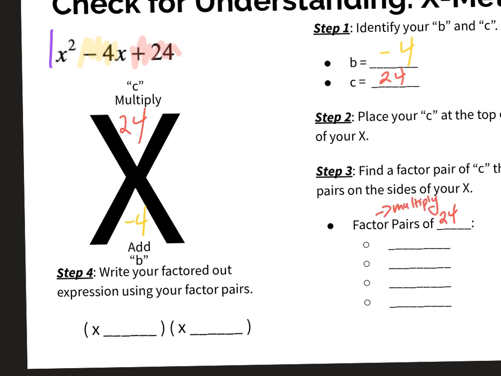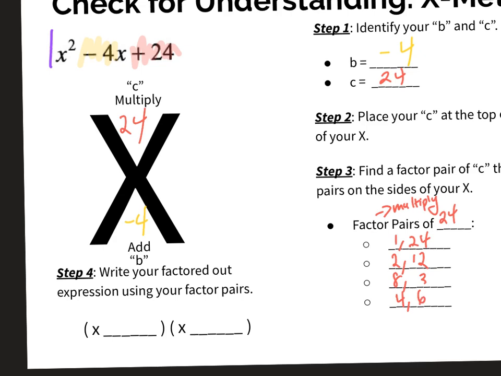So when I think about my factor pairs of 24, I can think of maybe 1 and 24, 2 and 12, 8 and 3, and 4 and 6.